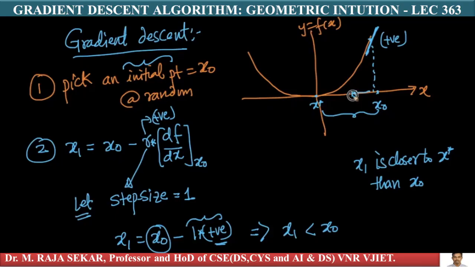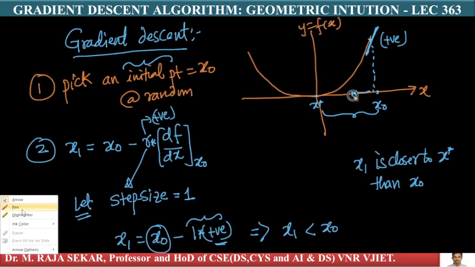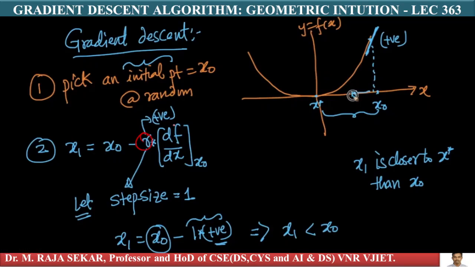When you do that, what happens? You have to move towards x star, isn't it? This is 1, this is a positive quantity, some positive quantity is subtracted from x0, therefore you will move in this direction, isn't it? Therefore you are moving towards the optimal solution. This x star is the optimal solution.